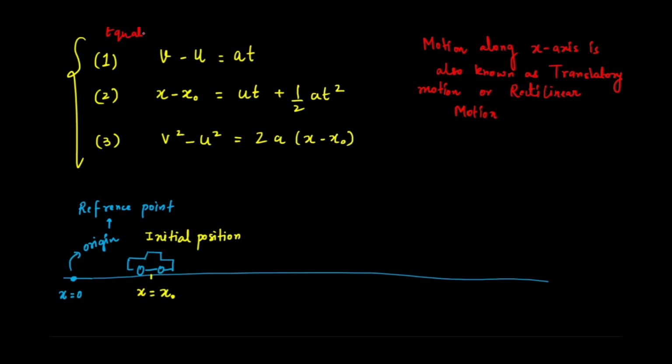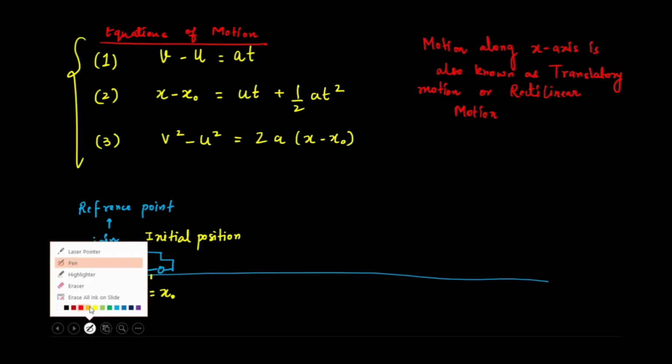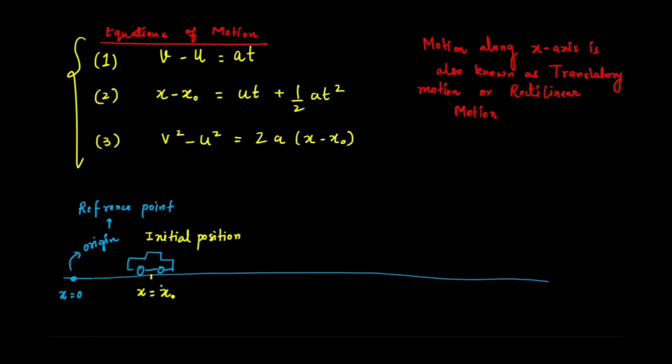These are the only equations of motion which we are going to use throughout this kinematics unit, and also in the upcoming units. So let's get back to this situation. I assume that the body was initially at this position and I marked its position as x is equal to x naught.